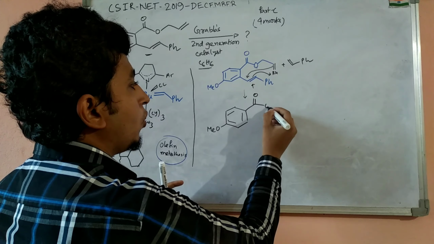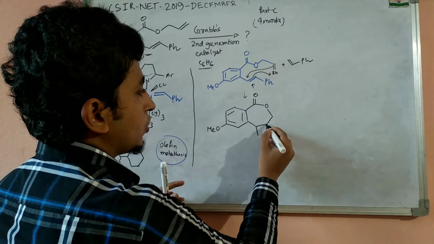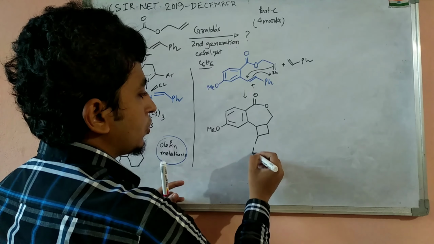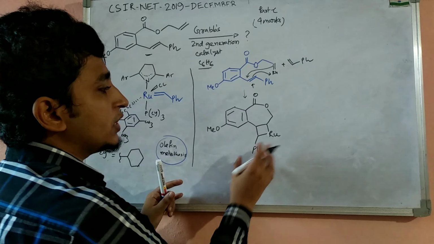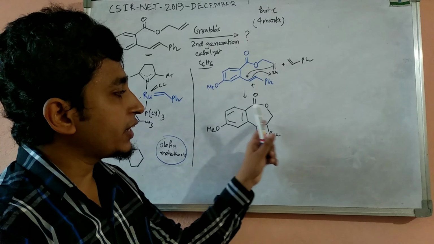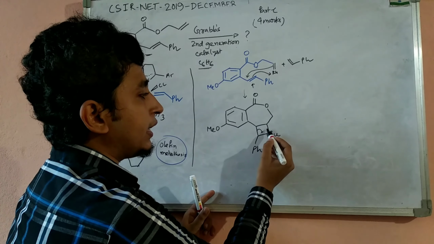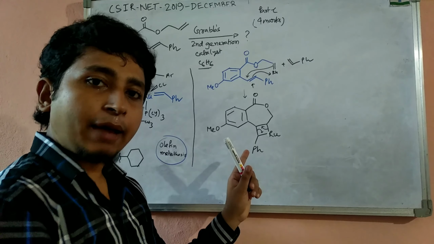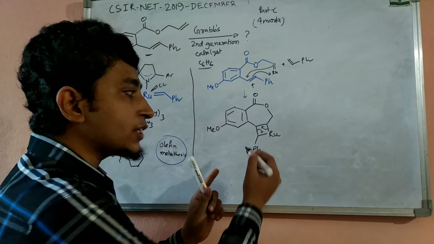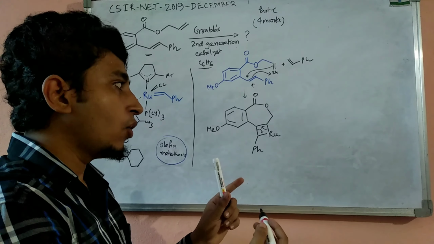So double bond O, and here we can see, so this will form. So this four-membered intermediate will form, and now we can see this bond will come here and this bond will come here. So therefore we will get back the Grubbs second generation catalyst, and that's why it is a catalyst, because it will come out after the reaction is over.